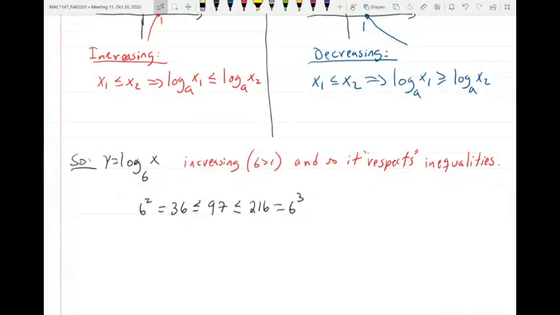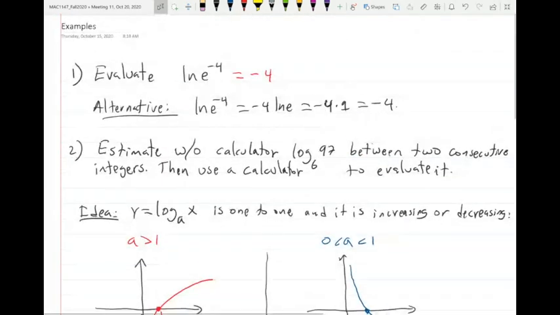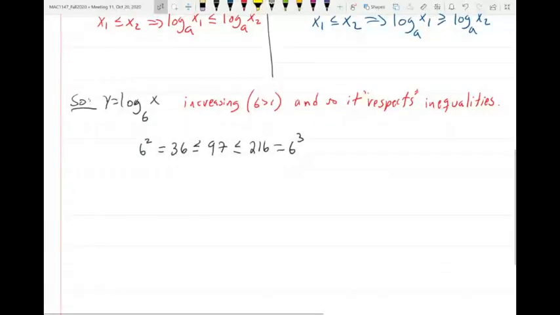We're going to apply log to these inequalities, okay? Now remember the question. We're trying to estimate log base 6 of 97 without the need of a calculator, right? So first step, you locate 97 between two consecutive powers of the base.